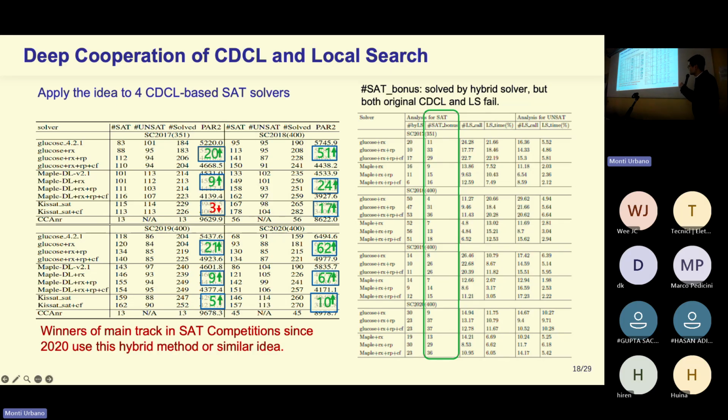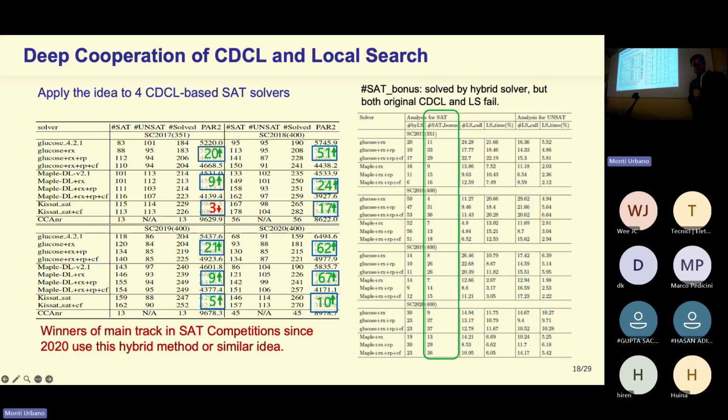The green number means the number of additionally solved instances. So we can see a large portion of the instances can be solved after applying this hybrid method.